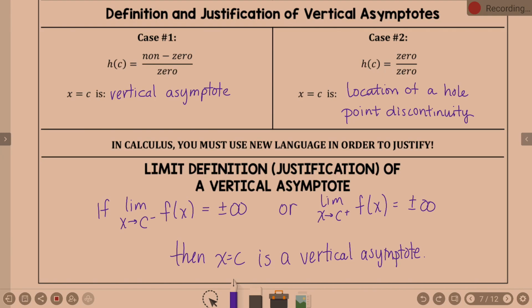Here we go. This is one Logan wants to factor on his own. Use the function below to find any vertical asymptotes that exist. Justify your answer using limits.